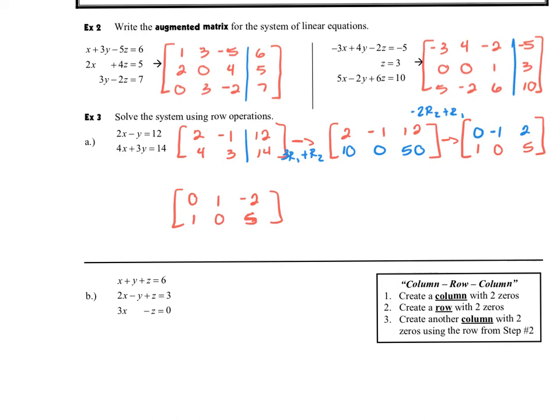What I want you to know is that this column represents the y's and this column represents the x's. So we're going to have y equals negative 2 and x equals 5. So our final answer written as an ordered pair is (5, negative 2). That's our final answer. Okay.